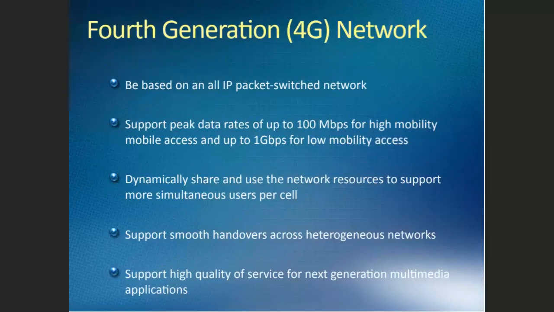It is all based on IP, can get data rates up to 100 megabits per second, and it dynamically shares and uses the network resources. It also supports smooth handover, meaning when you are moving from one location to another, there is a smooth handover from circuit to circuit. And it supports high quality of service for next generation multimedia applications.